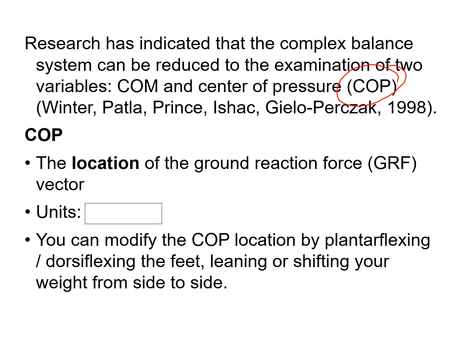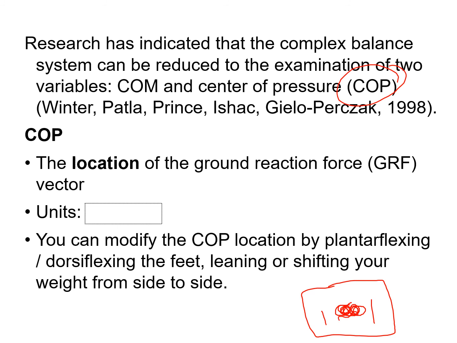Okay, so if we're looking at somebody standing on a force platform, their center of mass, if they're balanced, is right in the center. This is basically the difference between your two feet while you stand in the center of a platform. As you normally sway, you'll see the center of pressure start to meander around within your base of support.